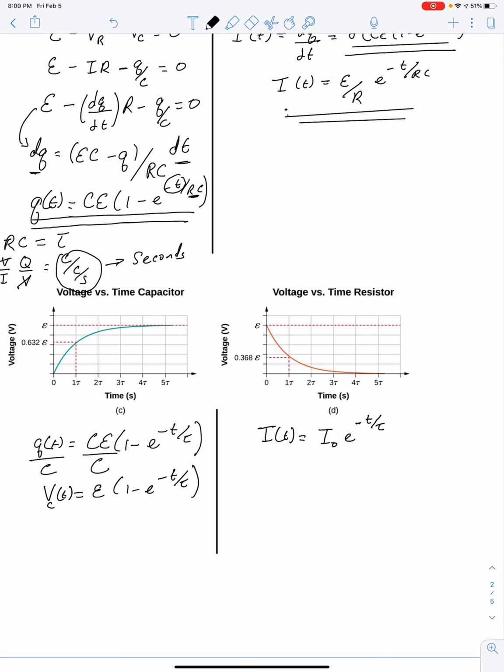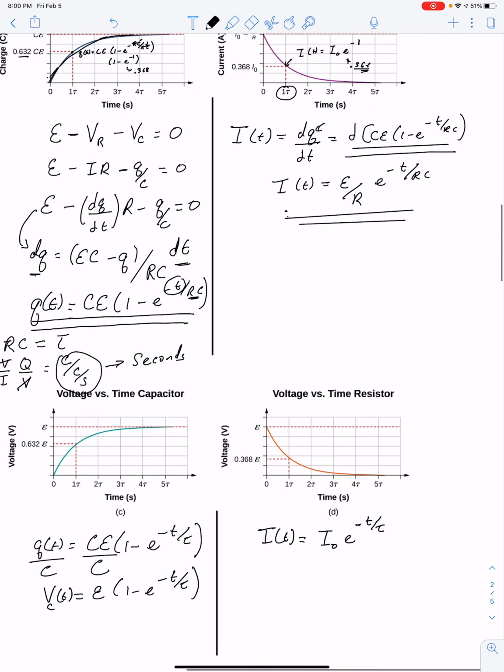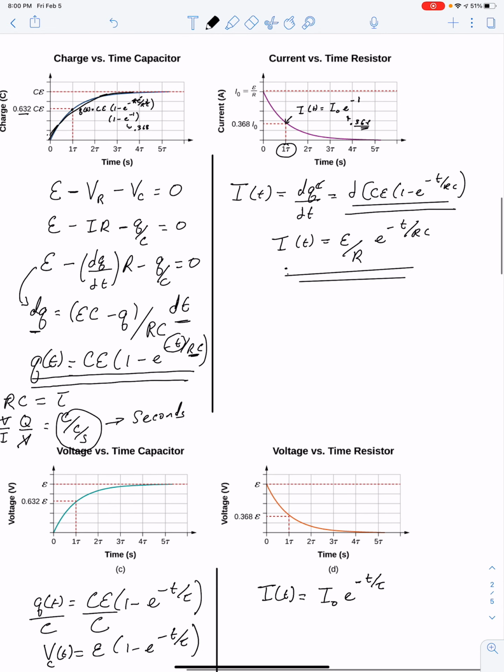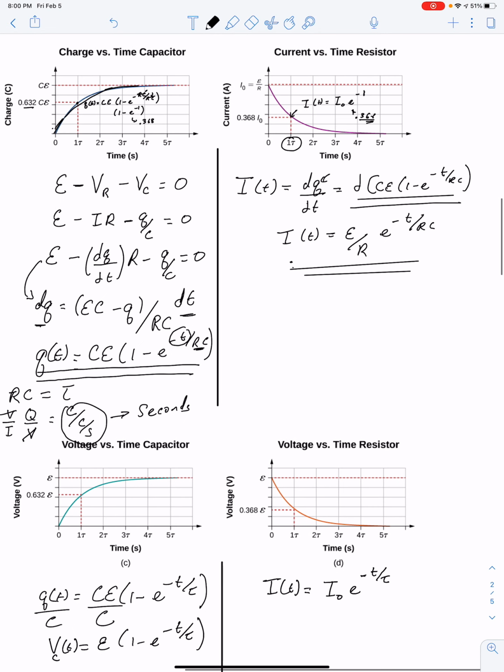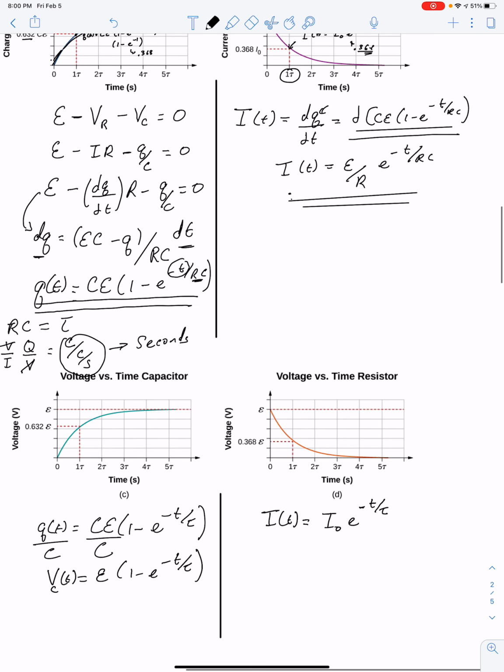Okay, so in this one, voltage versus time for the resistor. In this case, we're looking at the resistor. We'll use the same equation as this one. I-naught means EMF over R. That's basically what it means, so don't get super confused by it. I'm going to change this right here.